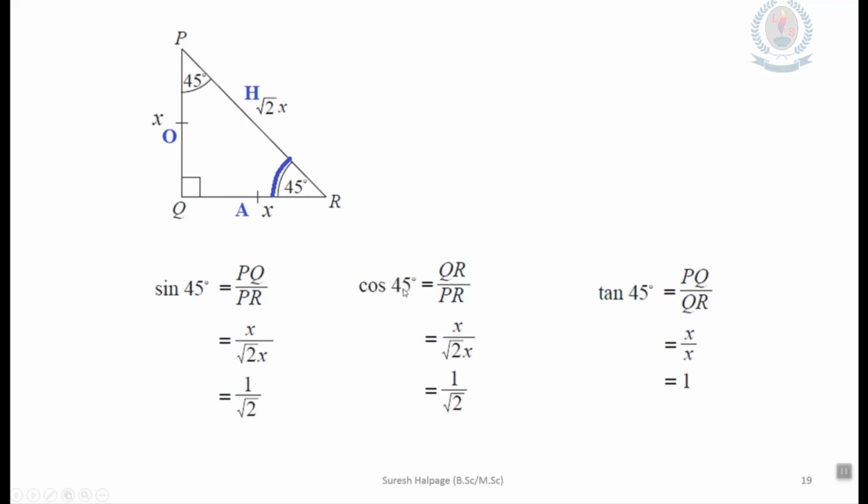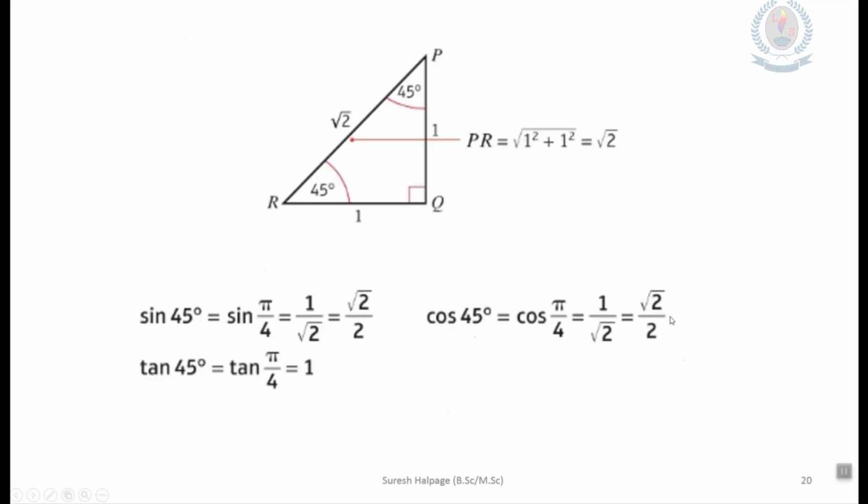Cos 45, adjacent over hypotenuse. Tan 45, opposite divided by adjacent. 45 degrees is equal to pi divided by 4 radians.